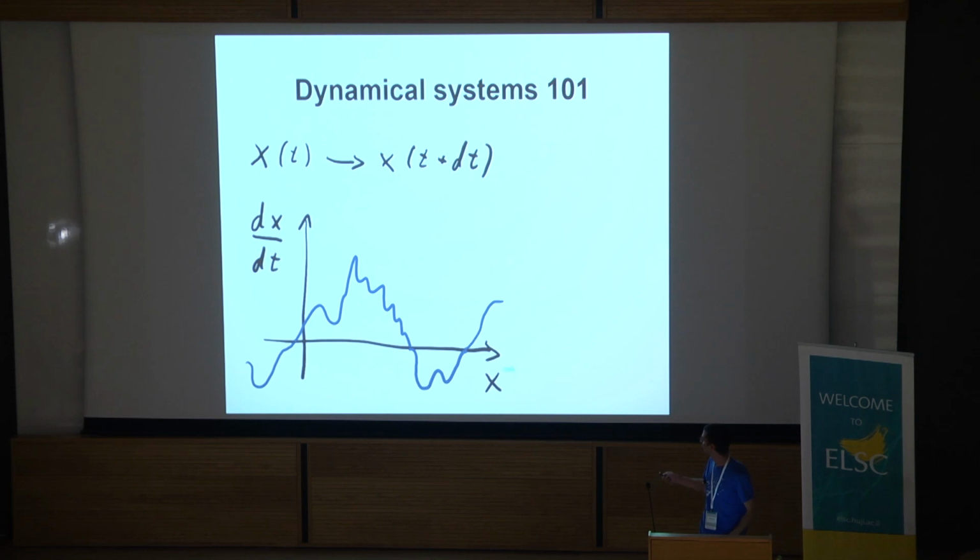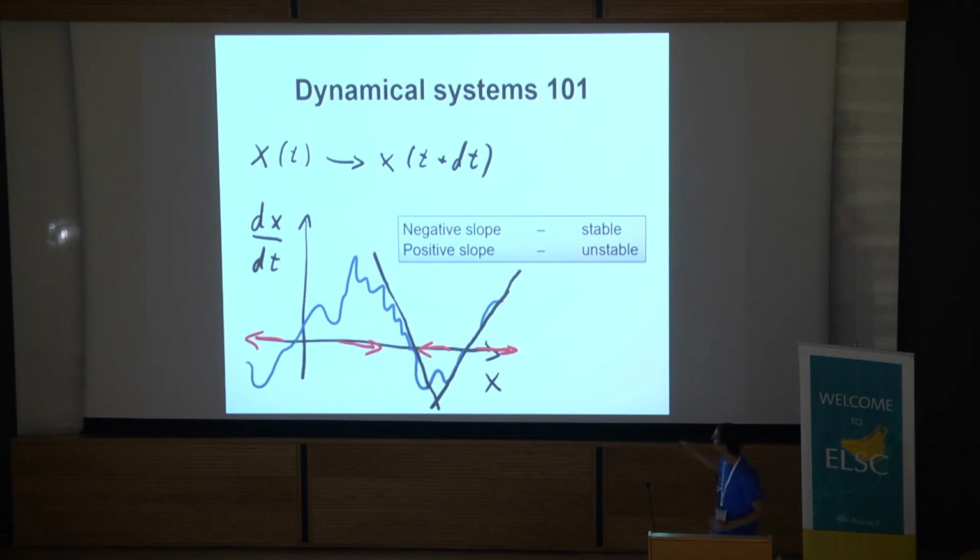Or another way, the change of X is determined by X, which means that if X is over here, the change is positive, so X will move to the right. And here X will move to the left, and to the right, and to the left, which means that if you look at this point over here, it is a stable fixed point because you are drawn to it. And if you look at this point here, it is an unstable fixed point. And you can also notice that the slope is negative over here and positive over there. So that's it. You just saved your semester.